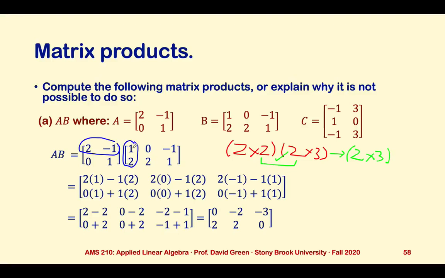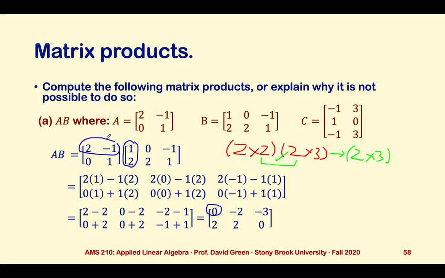2 times 1 minus 1 times 2, right? Sum of products of corresponding elements. 2 minus 2 is 0 for that particular piece.